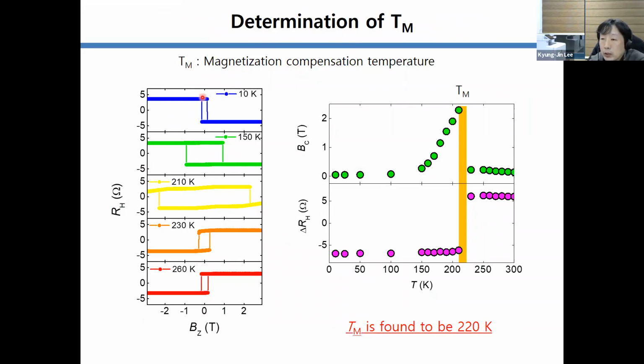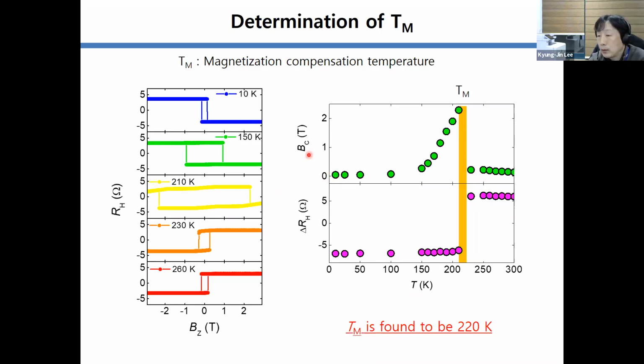At low temperature, it is clockwise, and at high temperature, it is counterclockwise. And at around 210 K, the coercivity becomes very large, and this temperature corresponds to Tm because at Tm, the net magnetic moment is 0. So you need an infinite field to switch the magnetization.